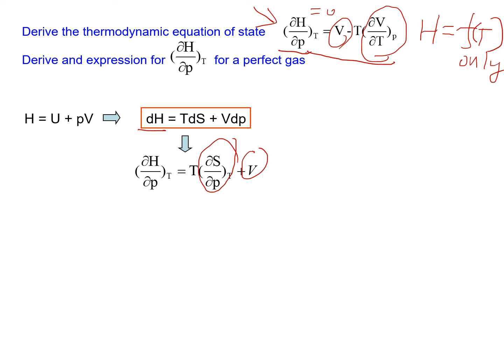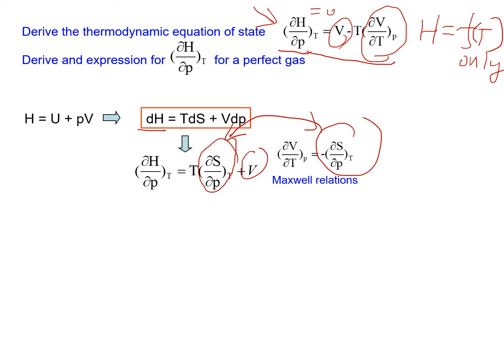It looks slightly different, but we have four fundamental equations and also four Maxwell relations. You can go back to the lecture notes. One of the Maxwell relations tells you the entropy derivative over pressure under constant temperature equals the volume derivative over temperature under constant pressure.